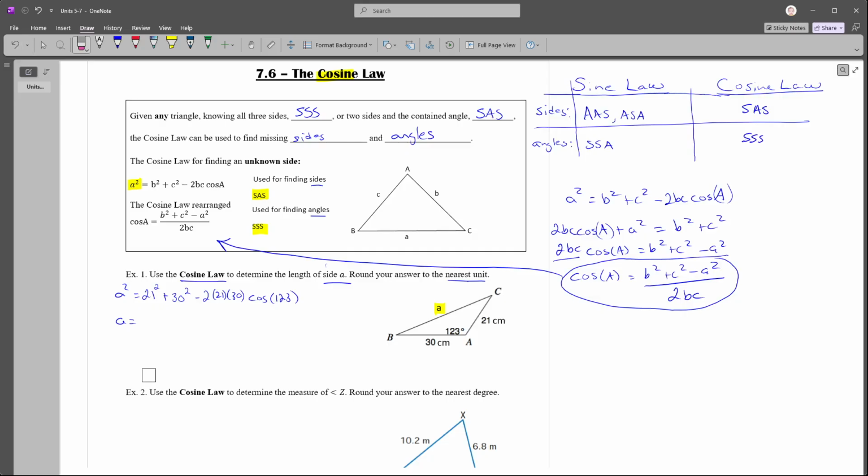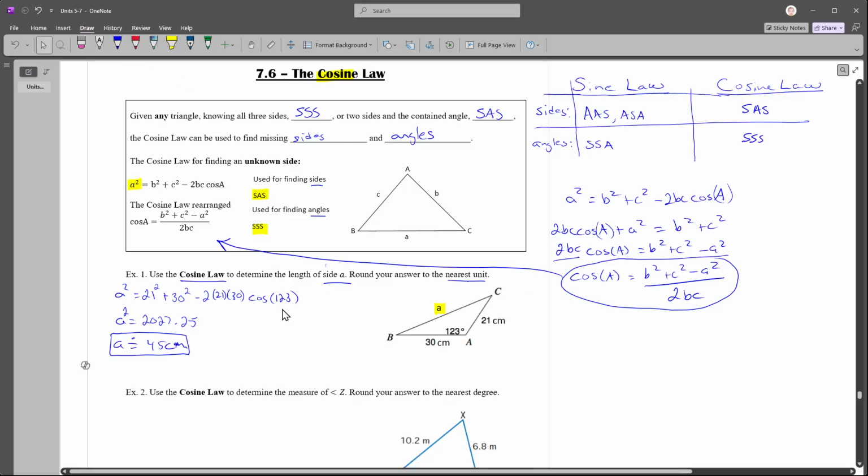What you're going to end up with is A squared is equal to 2027.25. And then that means A is going to be the square root of that, which is about 45 centimeters to the nearest unit. And that's how we do it. We just plug in the numbers into this overly large equation that is hopefully not going to mess us up when we're trying to put it into our calculators.